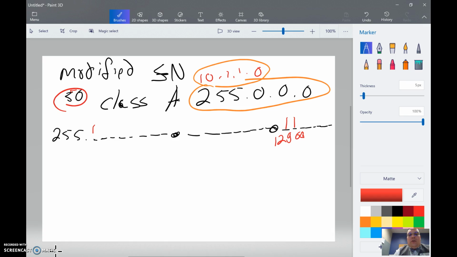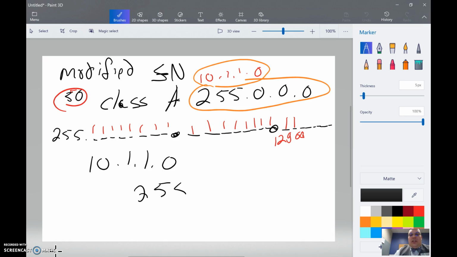So I have to go all the way over there. My IP is still 10.1.1.0, but my subnet mask has now changed to 192.